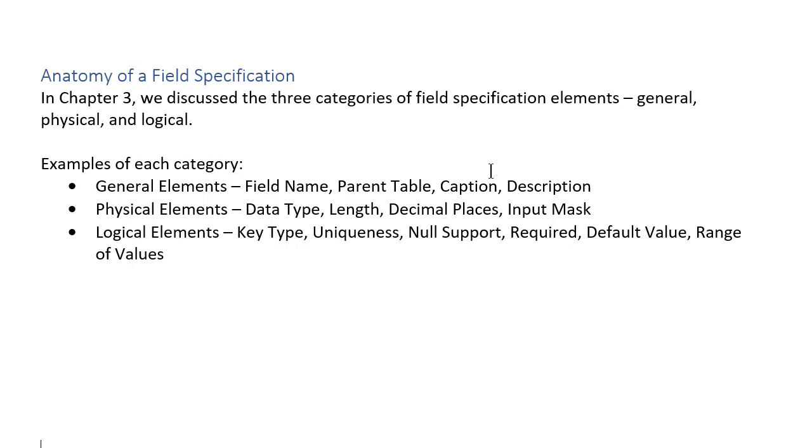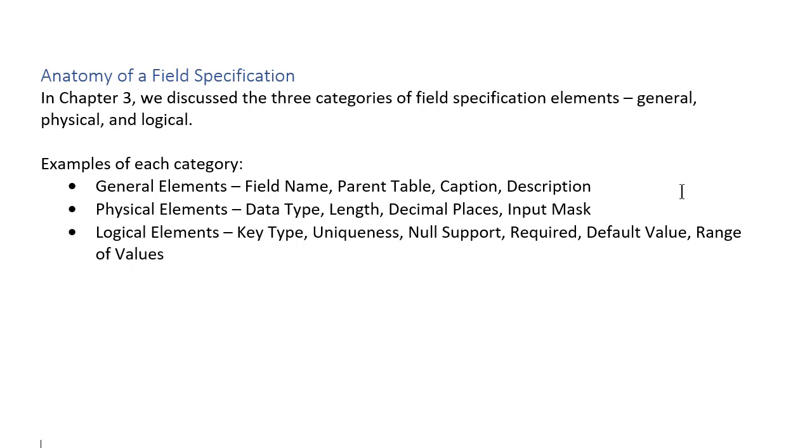The physical elements are the data type, the length, any decimal places if it's numeric, any kind of input mask that we have when it's presented on the screen so that the user knows how we want that data entered. Examples that we've used might be a phone number or a date that you have on the screen, how you want that date to be listed and put into the database.